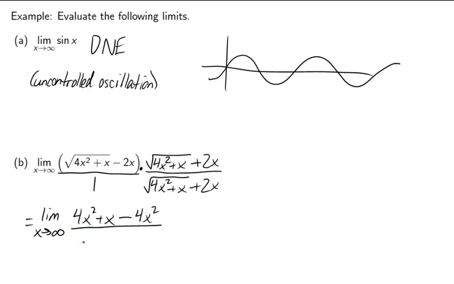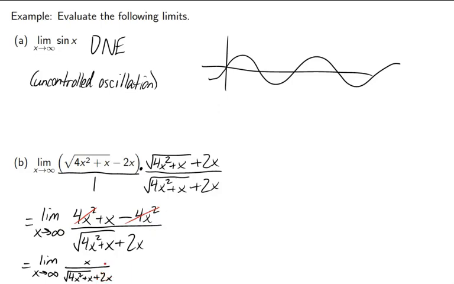In the denominator, I get the square root of 4x squared plus x plus 2x. These cancel out. Let me write this below. I'm left with the limit as x approaches infinity of x over the square root of 4x squared plus x plus 2x.